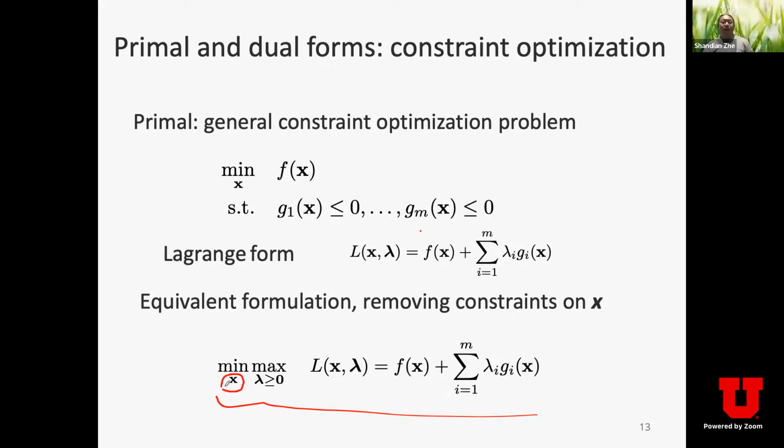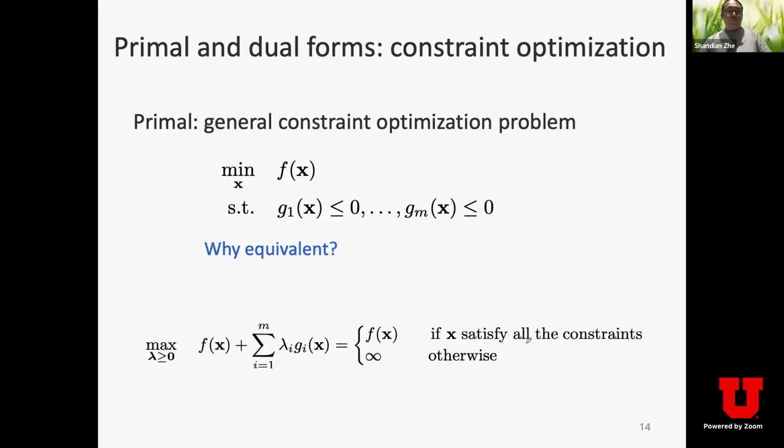You can imagine that at the outer level, I'm going to search over all possible x. Remember, in this second problem, x is not constrained by anything. You can freely choose x in the whole real space. So we want to look at, for different x, what the inner maximization result gives us. So let us choose some x.